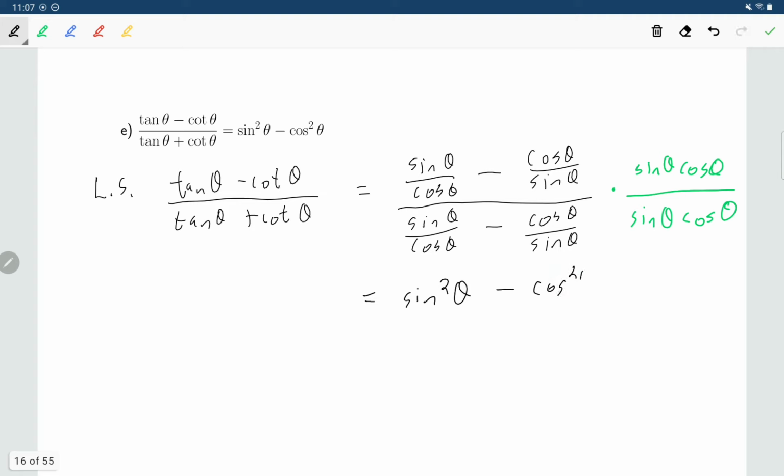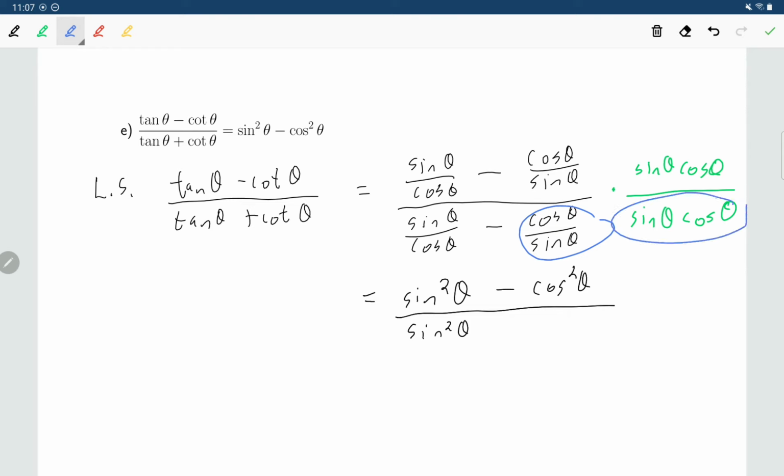And then I can say similar things about the bottom. In the bottom, the cosines would cancel, leaving me with sine times sine, or sine squared. And the sines would cancel, leaving me with cosine times cosine, or cosine squared. There we go. I just noticed that I'd had the wrong sign there.